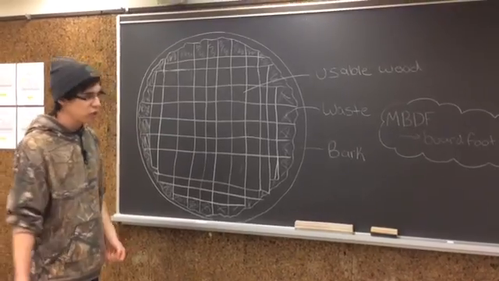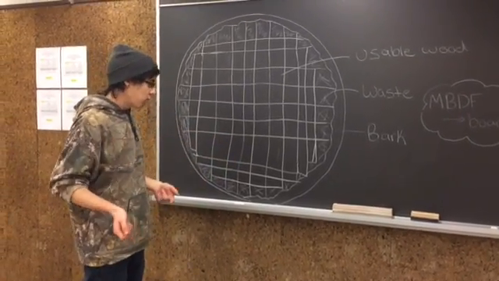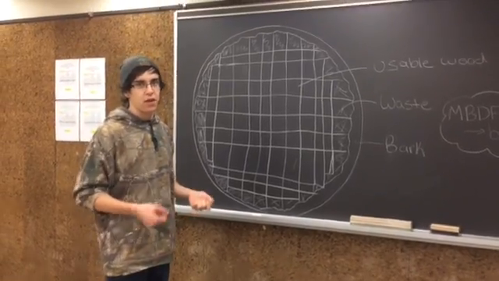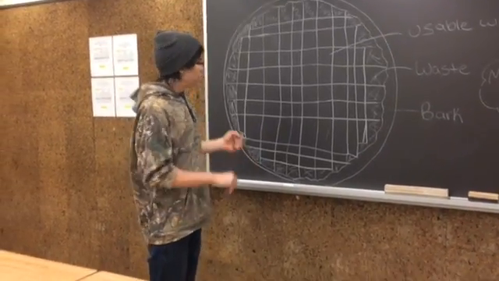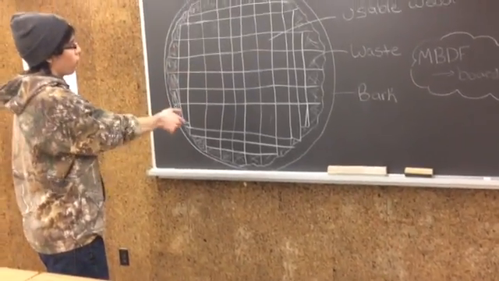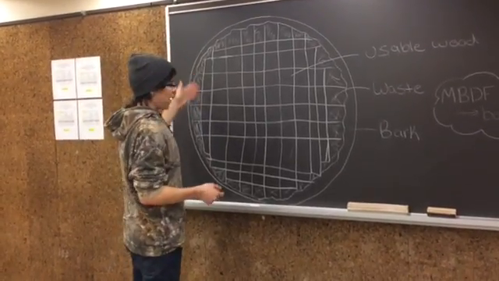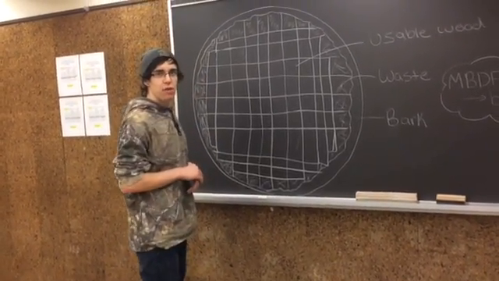So when you cut a tree down, you look at the log, and when you start cutting, you line up where you want to make your cuts and estimate how many full planks you're going to pull out.